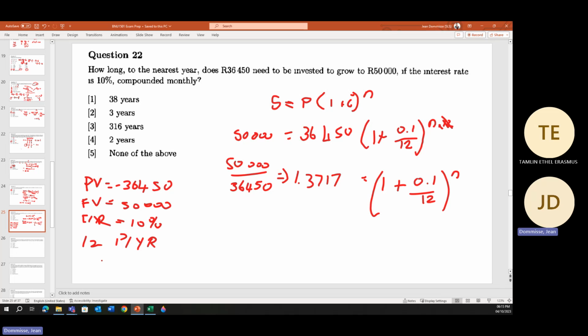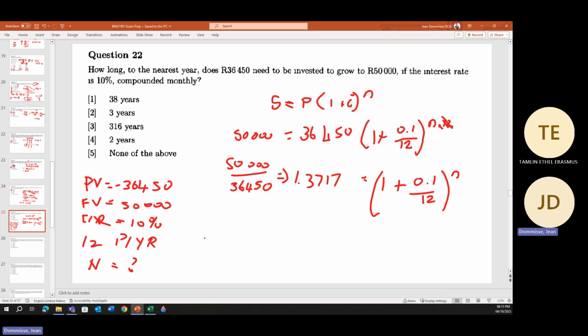How many years? I just want to see if I calculate this, so at least you've got options in the exam to decide which one you want to use.